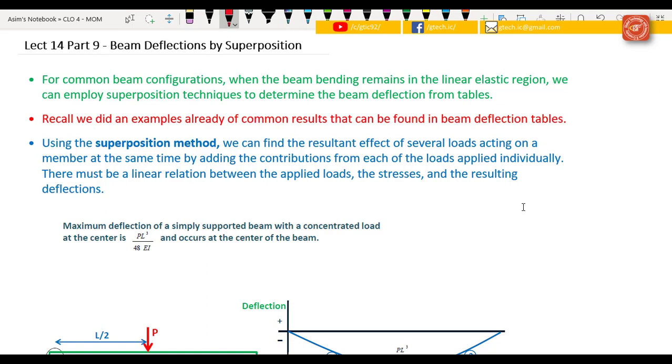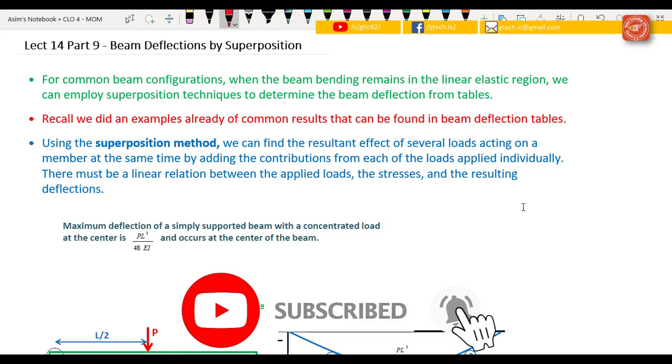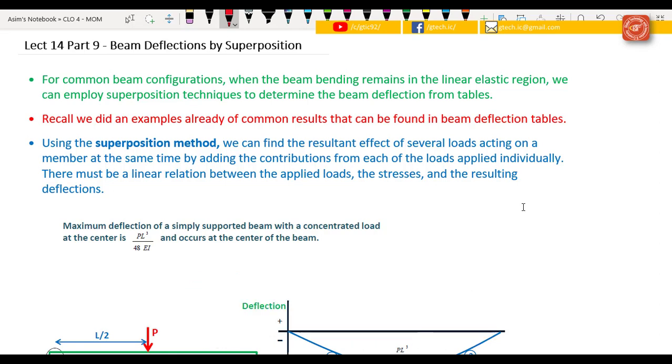So, using the superposition method, we can find the resultant effect of several loads acting on a member at the same time by adding the contributions from each load applied individually. So there must be a linear relationship between the applied load, the stress and the resulting deflections.